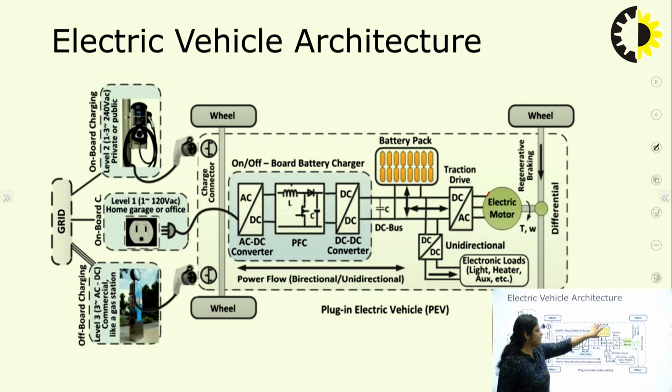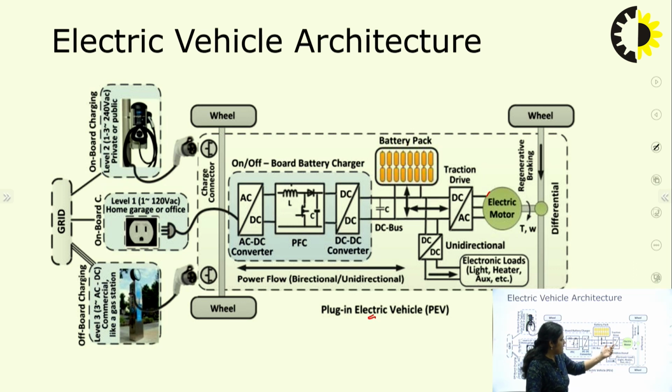And how to charge this battery, how to manage this battery, we need these kinds of components or converters, right? So this is the main component, and suppose it is a BLDC motor, brushless DC motor. A brushless DC motor is always fed through the DC to AC inverter, right?